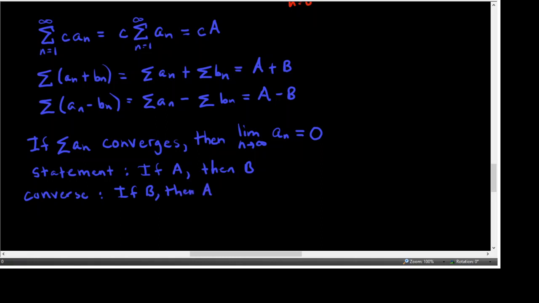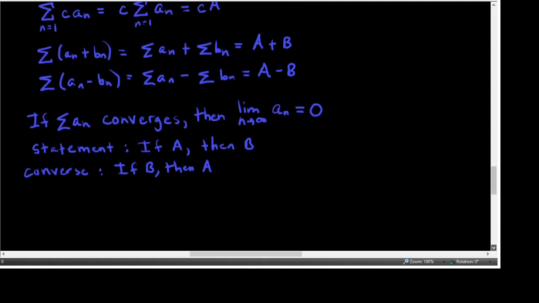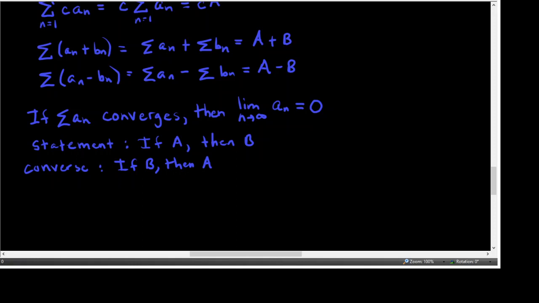Is the converse of every true statement necessarily true? It's really good when I ask that kind of question to make an example for yourself. So let's say A is plays for the Dallas Cowboys, and B is a male. So if you play for the Dallas Cowboys, then you are male. I believe that's a true statement, at least right now, until they hire some woman as a kicker or something.